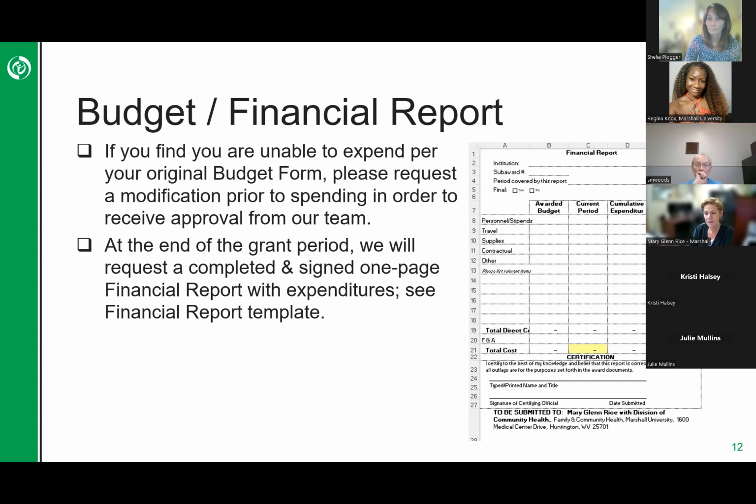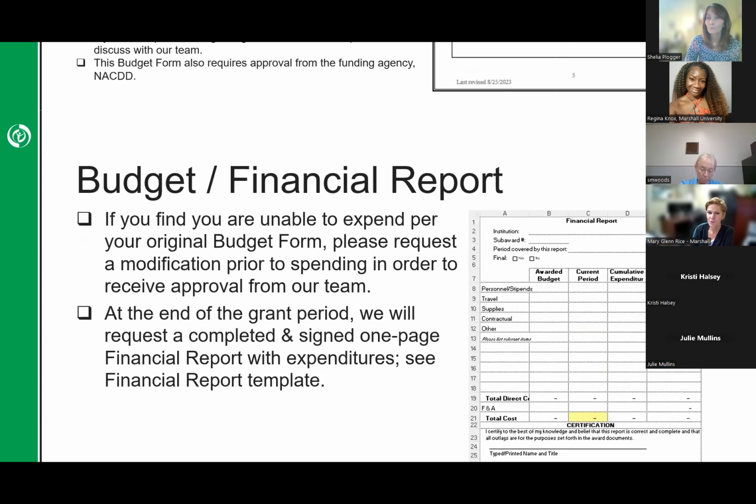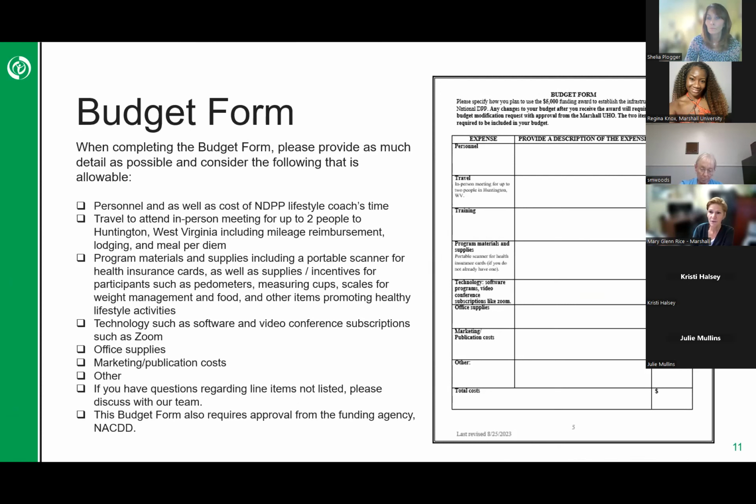If you have any type of budget amendment or budget modification, if you could reach out to us first and go over that modification and discuss it with us and give you the approval, we would appreciate that, because what we are going to go by with your budget is what you have submitted. So if you have any type of modification, we are here to work with you on that and help you in any way we can. We want to make this as simple as possible, but if you could at least notify us of your modification first and let us know and give you an approval and heads up, we would appreciate that.